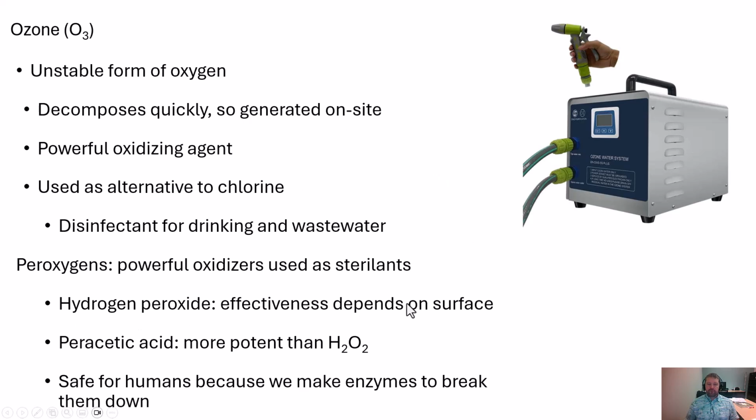Hydrogen peroxide is super effective, at least for humans, because of this cool side note, in that we produce catalase, which is the enzyme that can break hydrogen peroxide down. So we can utilize hydrogen peroxide, and then our body can break it down into water and oxygen.